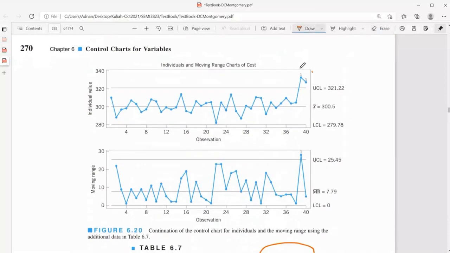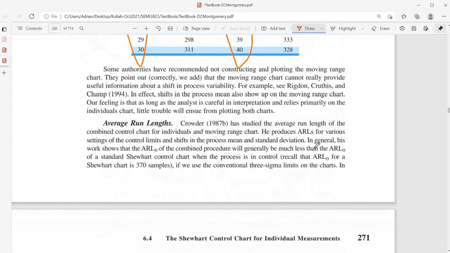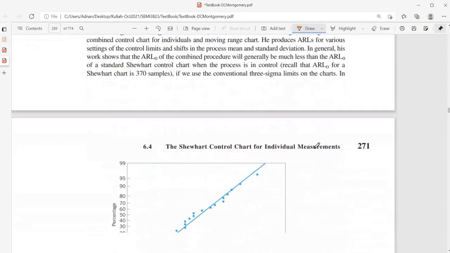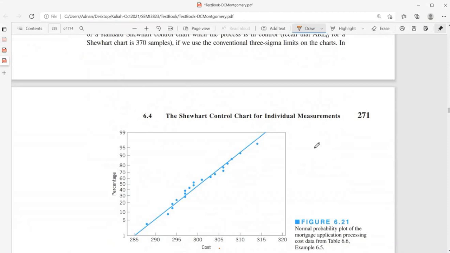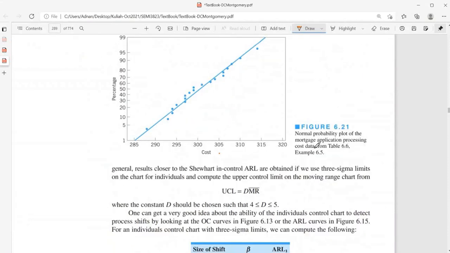So action needs to be taken. That point is out of the control limit, showing that there is an assignable cause, and we investigate that. So this is where we establish control limits using stable data and use them for monitoring the future process.